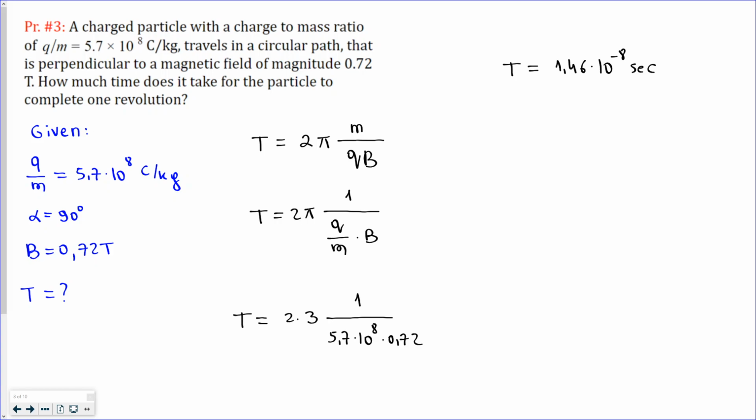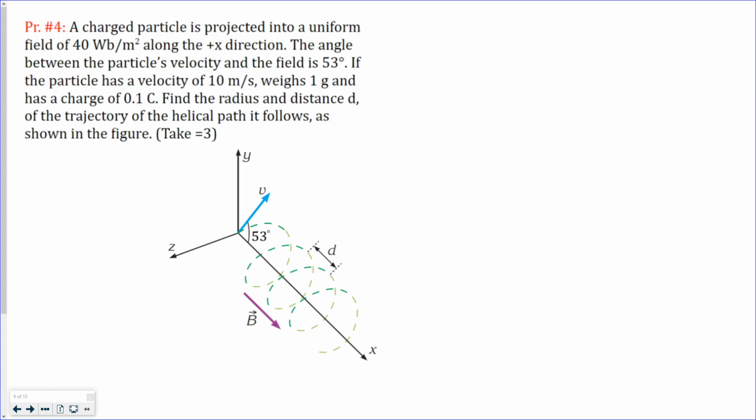Now the last problem, and it's about a helical motion. So let's write the givens first of all. What we know: a charged particle is projected into a uniform field.